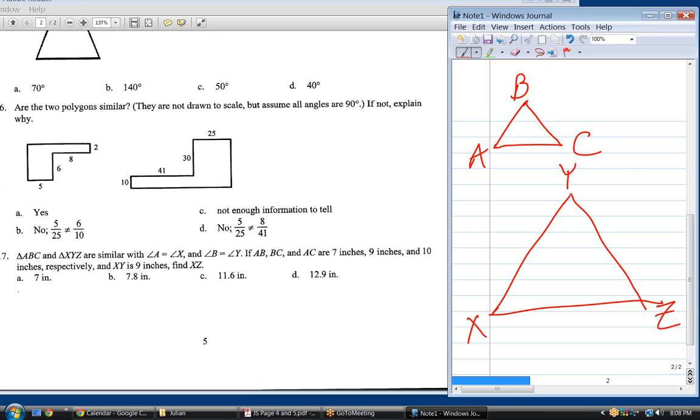If AB, BC, and AC are 7, 9, and 10 inches respectively, and XY is 9, what is XZ? 12.